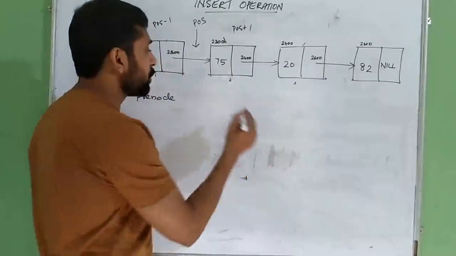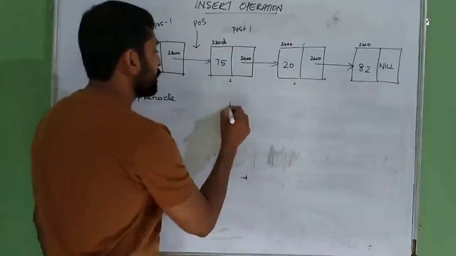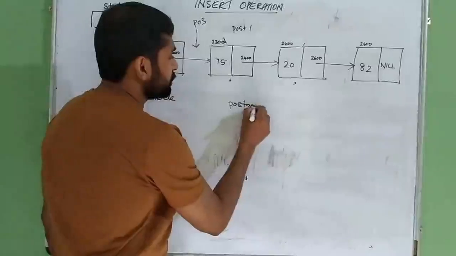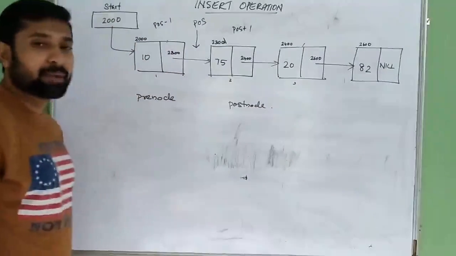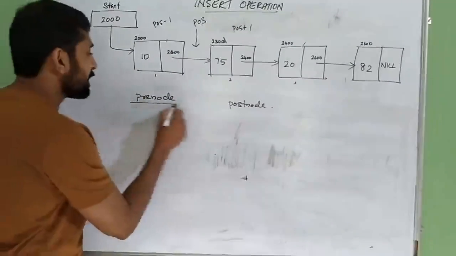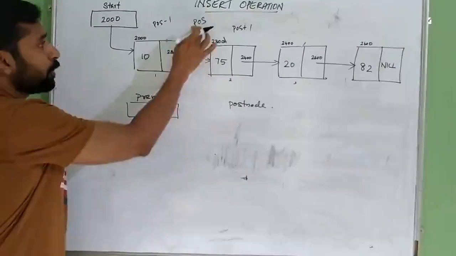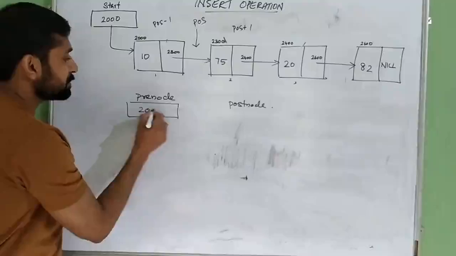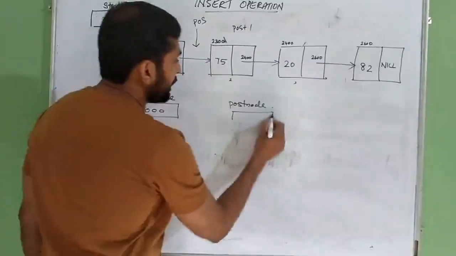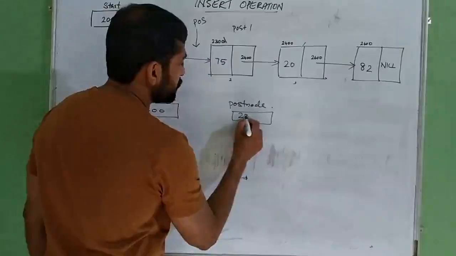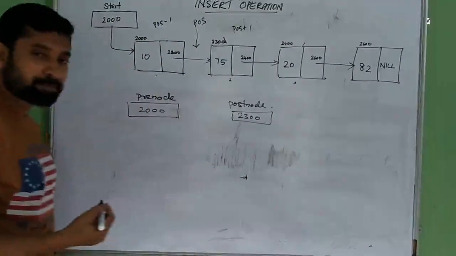So here pre-node contains the address of the node at POS minus 1, that is here it is 2000. Post node will contain the address 2300, right?